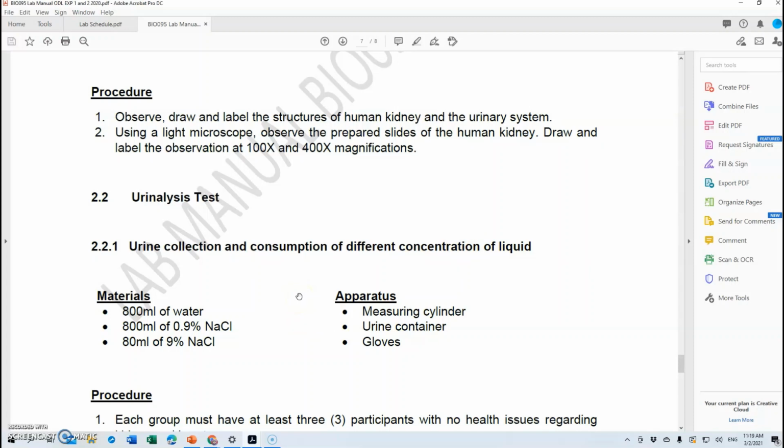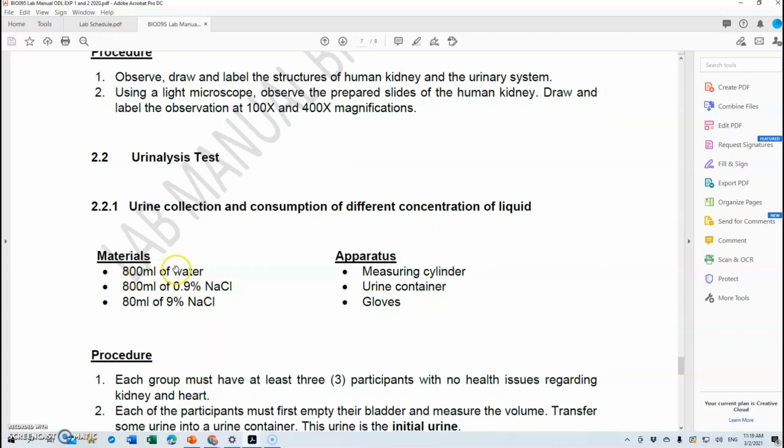If this experiment was to be done face to face in the lab, there should be 3 volunteers that will drink. The first volunteer will drink 800 ml of water. The second volunteer will drink 800 ml of 0.9% diluted salt solution.